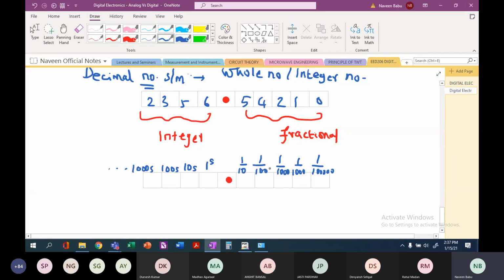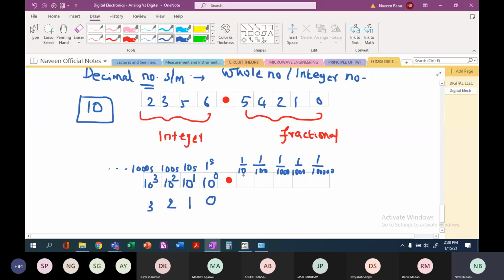In short, instead of adding zeros, we know that for the decimal number system the base is 10. So what is 1? It is 10 power 0. This position is called the 0th bit position, this is the first bit position, the second bit position, and the third bit position. So 10 is represented as 10 power 1, 100 is represented as 10 power 2, and 1000 is represented as 10 power 3.